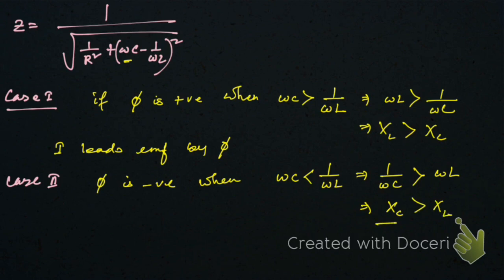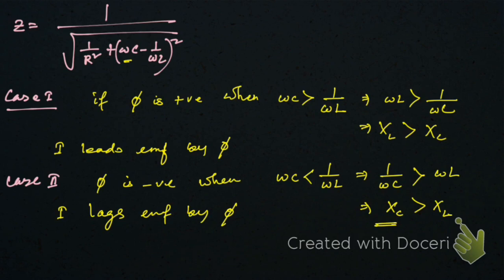If XC is greater, then current lags, because in a circuit with a capacitor only, current lags EMF by phi.